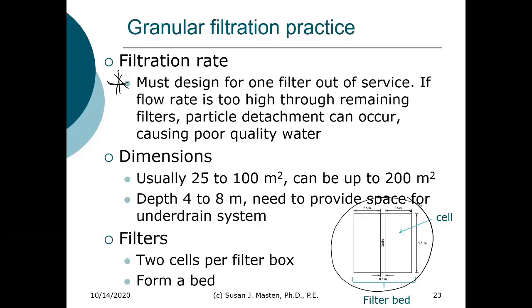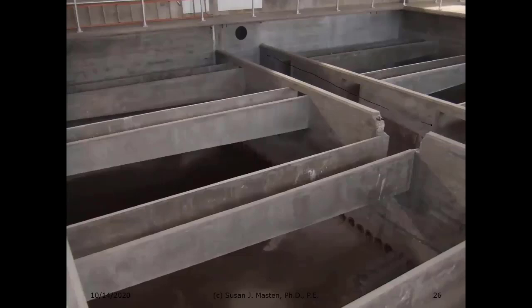Either side is your filter cell. So we have 2 filter cells, the gullet down the middle, and the two together make up a filter bed. So when we say even number, I mean even number of filter beds. This center is the gullet.